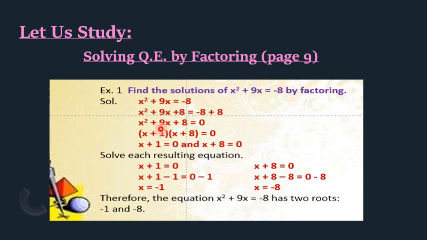Pwede siya 3 times 3, 3 times 3 is equals to 9, pero kung i-add ang 3 plus 3, mahimo siyang 6, which is dili siya mao. Kay 9 man eh. So, naa pay isa: 1 times 9, 1 times 9 is equals to 9. Then, 1 plus 9.